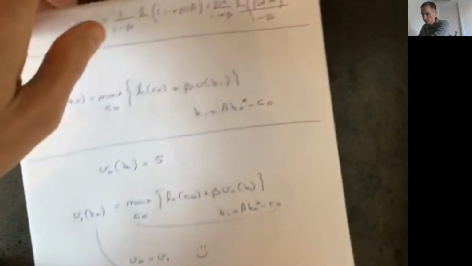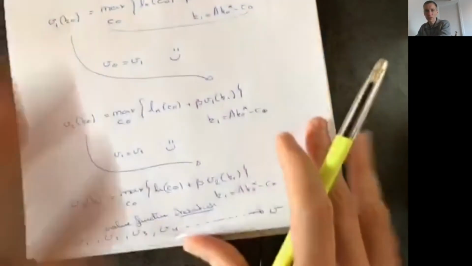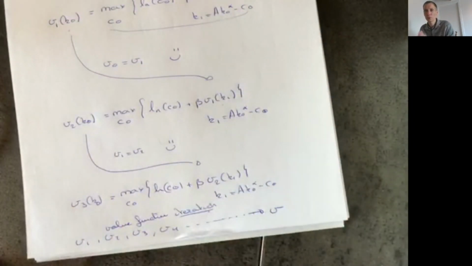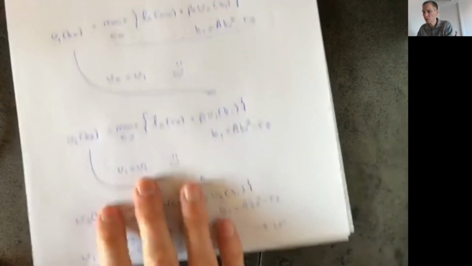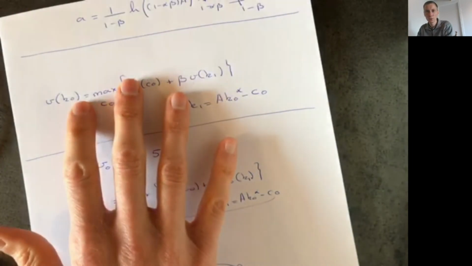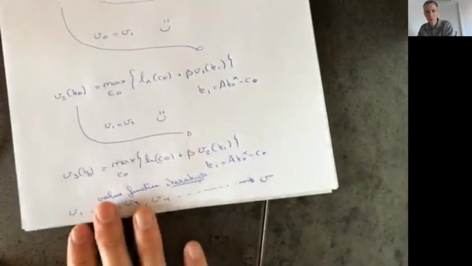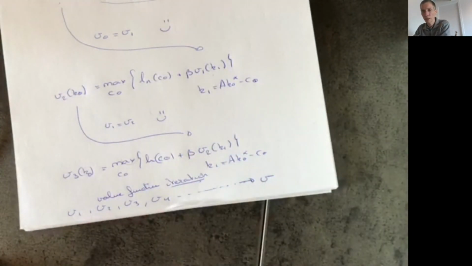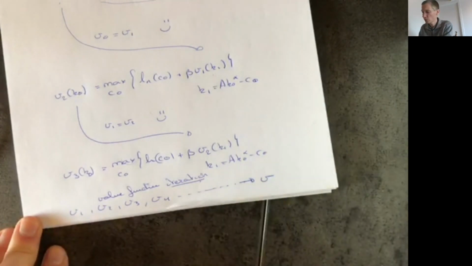This gives us a way to solve this problem in a general sense. It's not going to give us an explicit solution of the problem, but it gives us a procedure that we can implement in a computer in order to find the limiting function, or to get arbitrarily close to it. And this is actually also something that we're going to do.